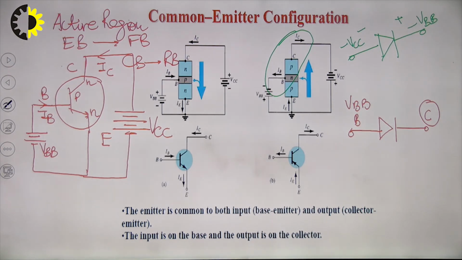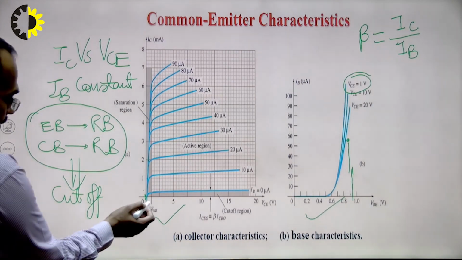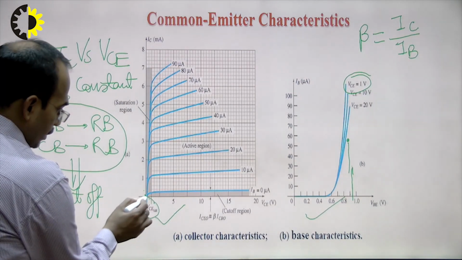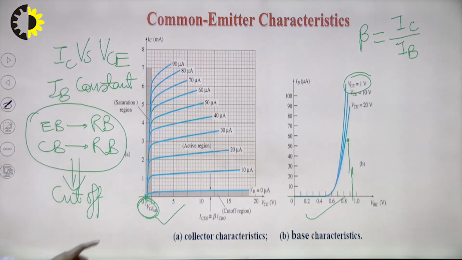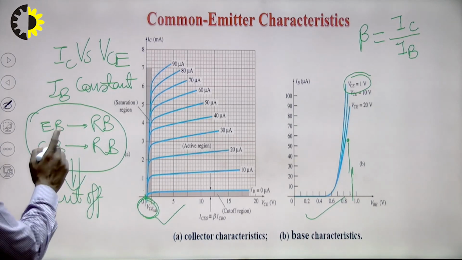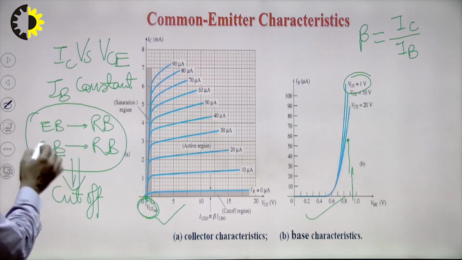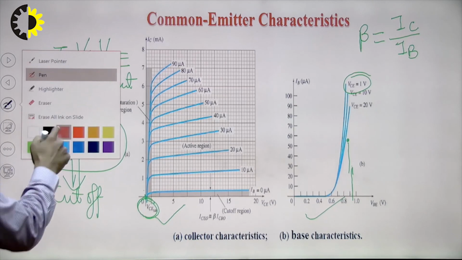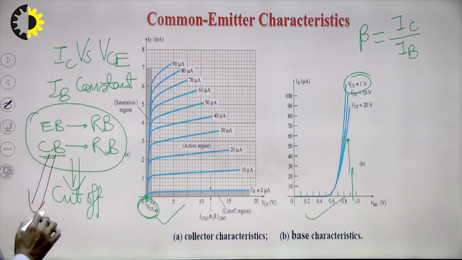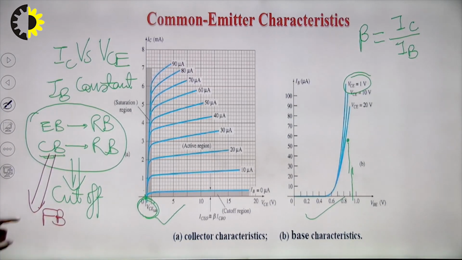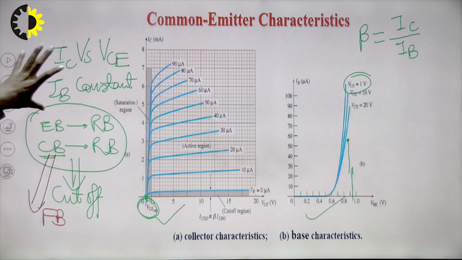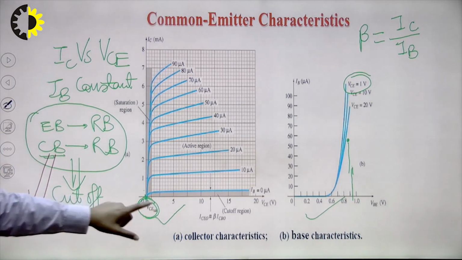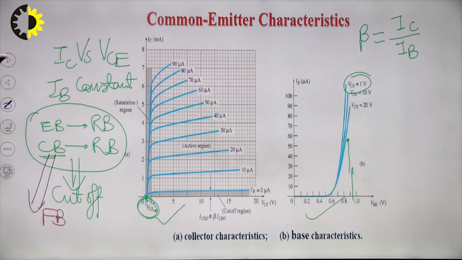If this junction is forward bias, then in this characteristic it is shown that at this value, Vc saturation, the collector base junction will be forward bias. So, if the transistor's emitter base junction is already forward bias and you have made the collector voltage less than the base voltage, you have made the collector base junction forward bias.